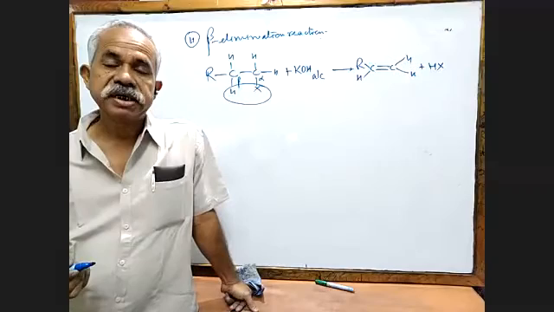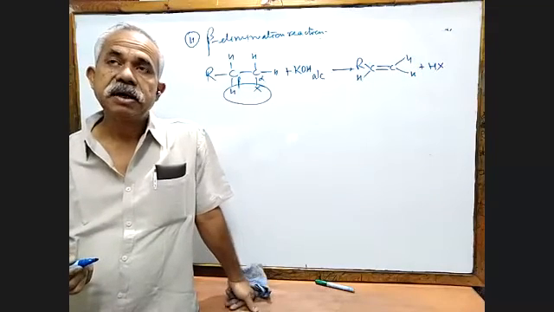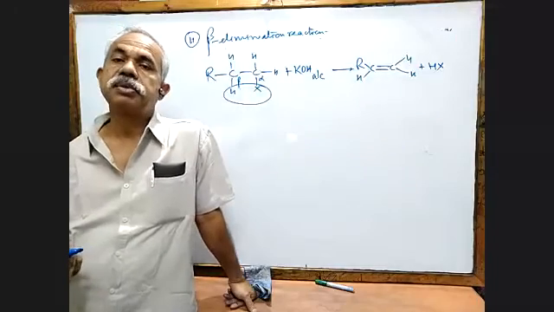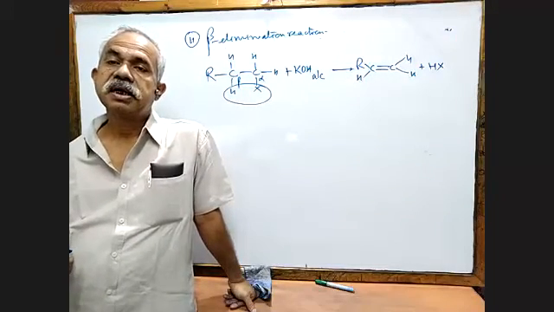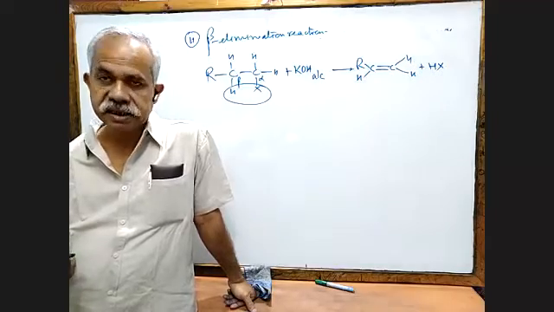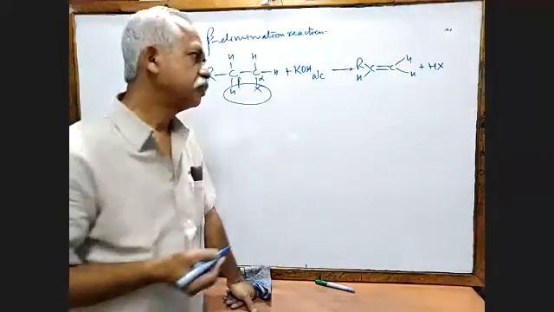So we can say that when haloalkanes are treated with an alcoholic solution of potassium hydroxide, they undergo a beta elimination reaction to form the corresponding alkene. Clear? Alkene.